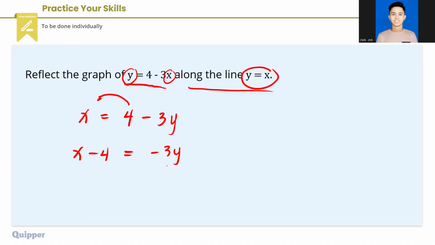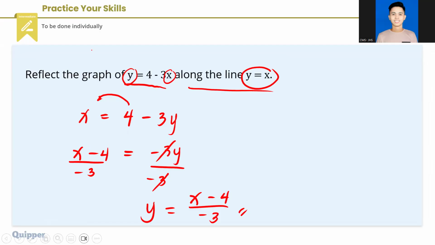And then, to solve for y, we need to divide both sides by negative 3 to eliminate negative 3. Therefore, we'll have the new equation y equals (x minus 4) over negative 3. So this is the new equation as we reflect the graph of y equals 4 minus 3x along line y equals x.